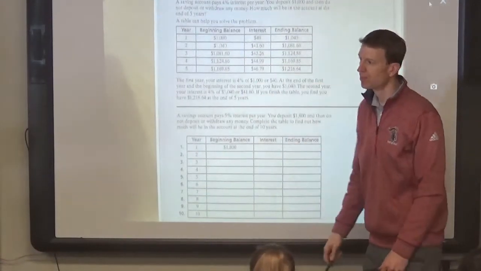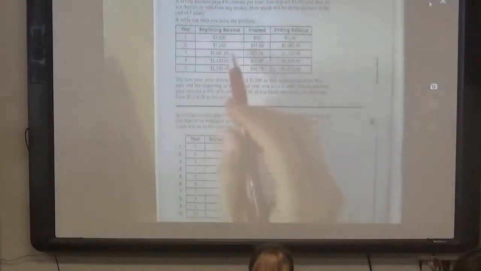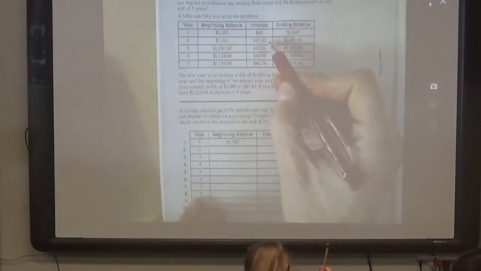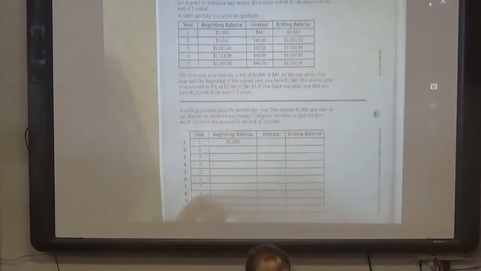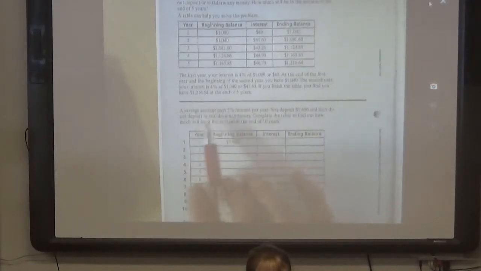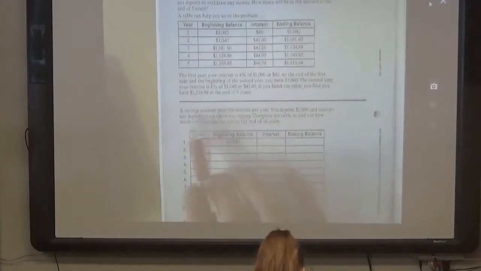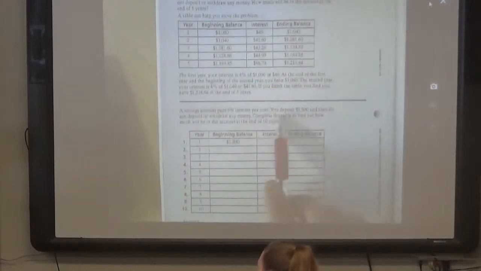Okay? Now, you can see that each time the interest amount goes up by a little bit because you're getting paid that 4% of the interest that you've earned. So, let's say that you go to your assignment, and in a similar situation, the savings account pays 5% interest per year.